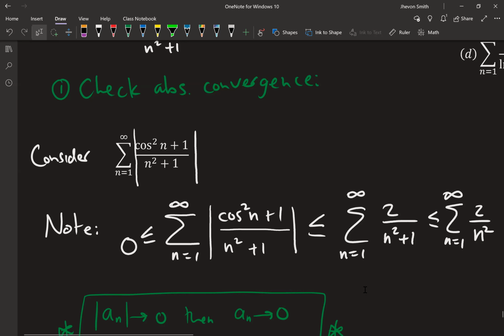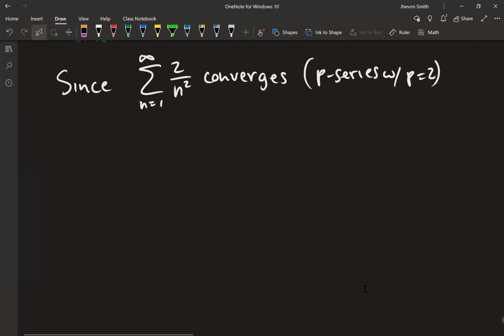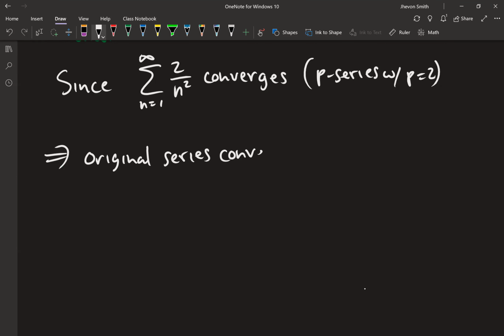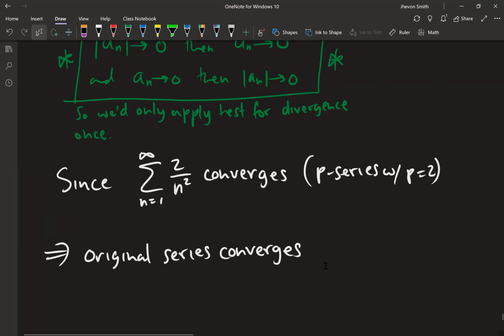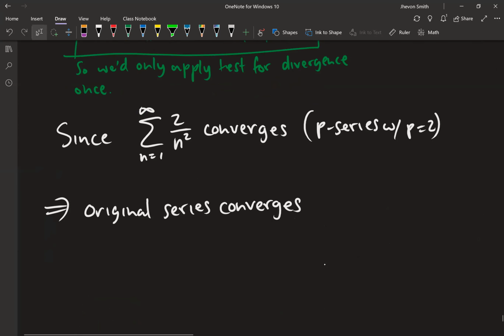That is a textbook direct comparison idea. So this means the original series converges. And guess what? I just threw absolute values around it, which means the original series converges absolutely by comparison.